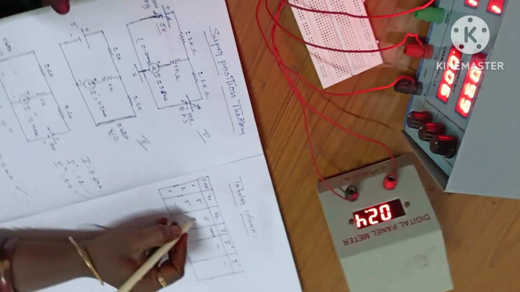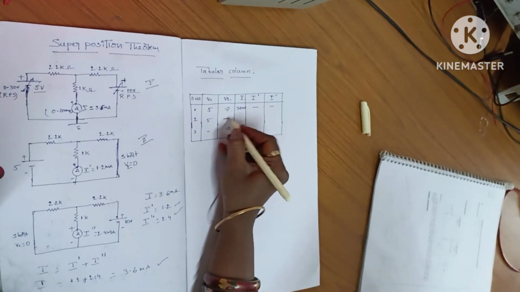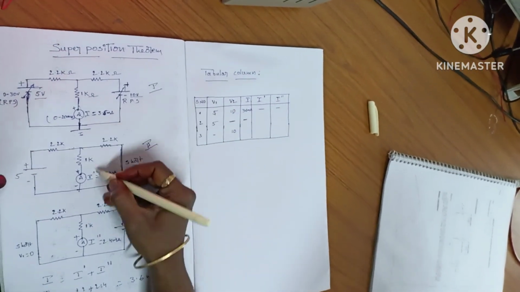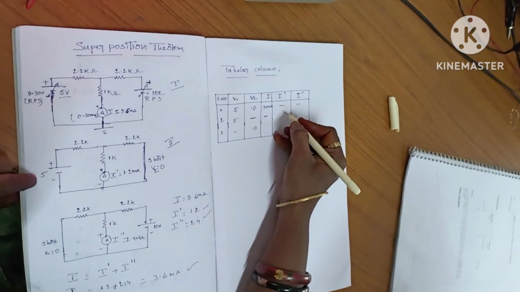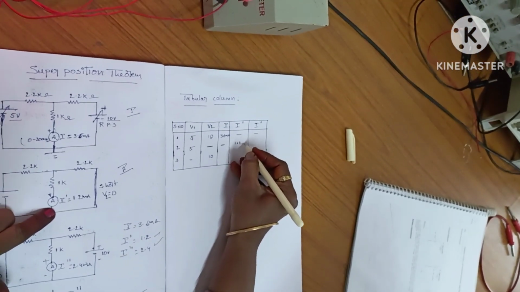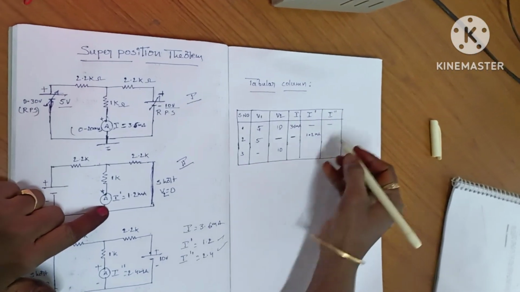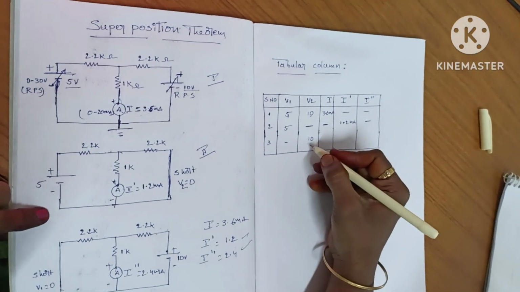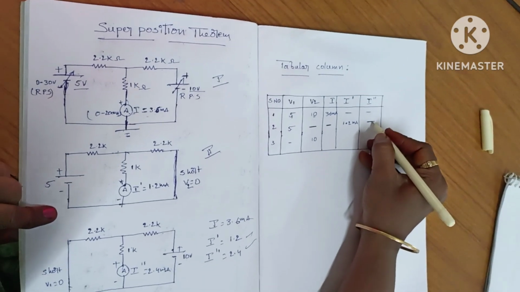That's why I have taken a hyphen here. We are not measuring the total current, only I dash. Here we got 1.2 milliamps. I double dash is a dash, because we are not calculating it.